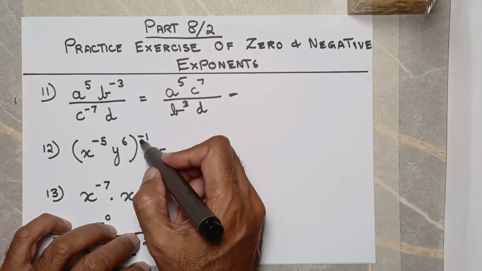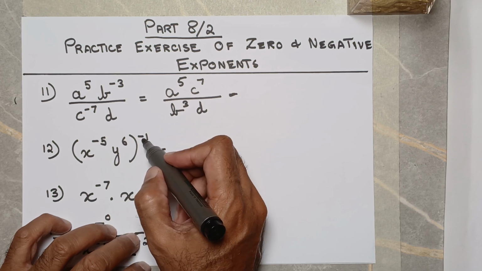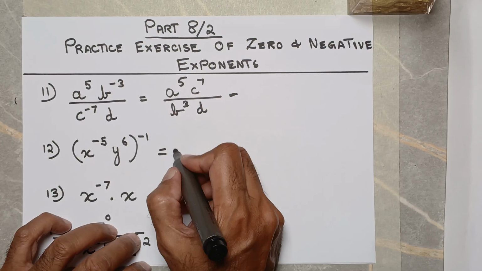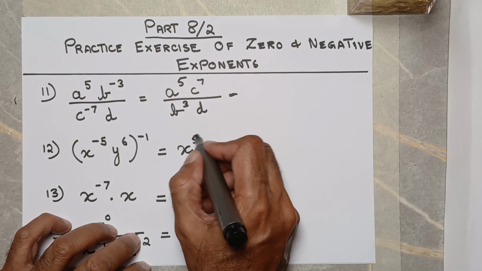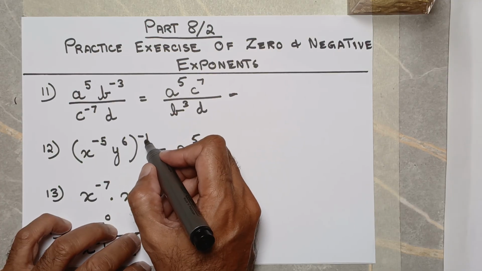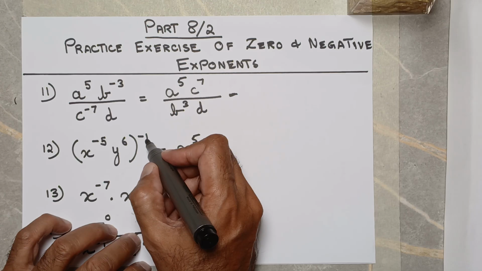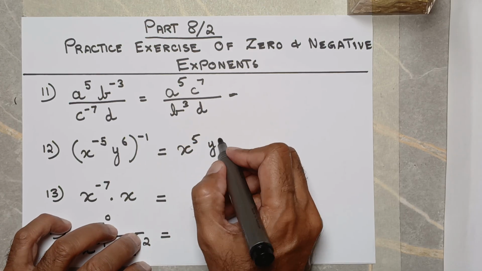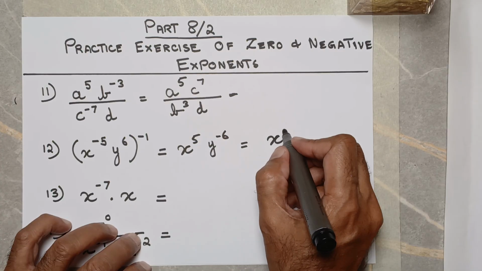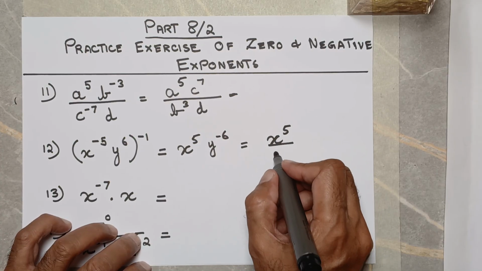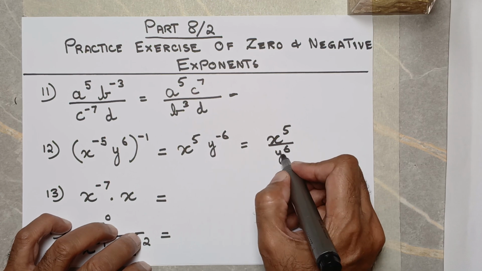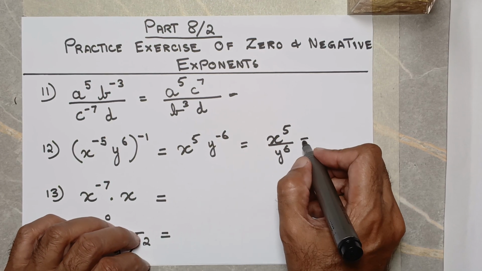Minus multiplied by minus gives a positive result, so x raised to the power 5, and y raised to the power 6 multiplied by minus 1 gives y raised to the power minus 6. Now the second step: we keep x raised to the power 5 and shift y raised to the power minus 6 down, and it becomes a positive y raised to the power 6.